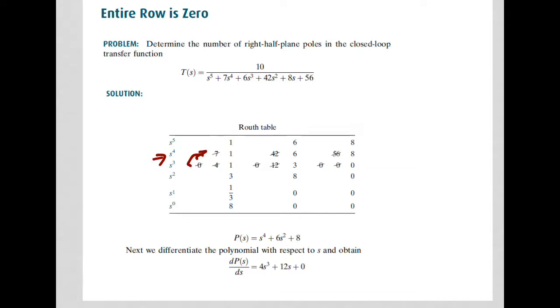In this case the polynomial formed would be s^4 from this entry, then 6s^2, and then 8.